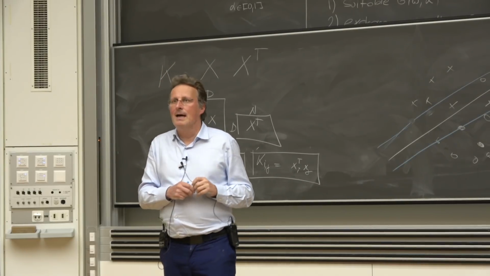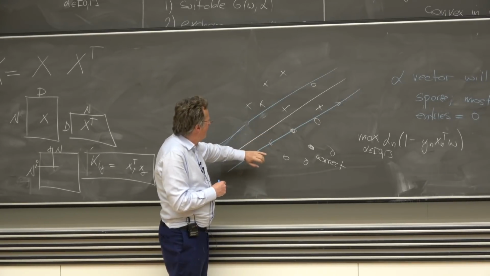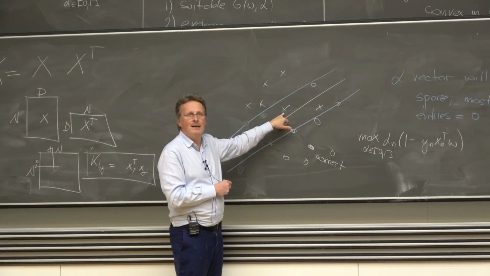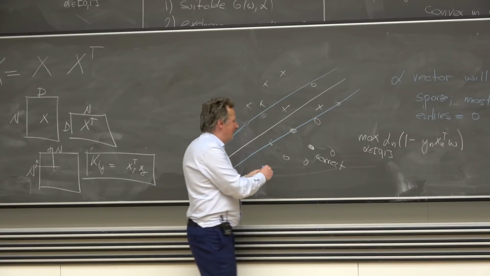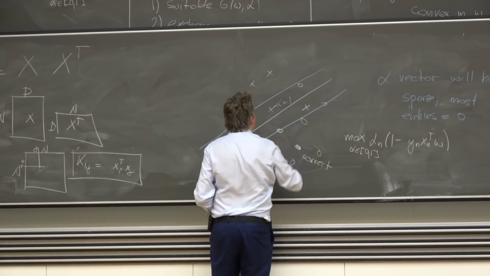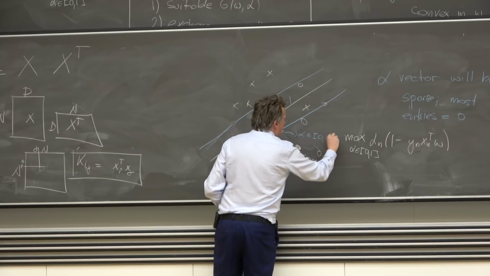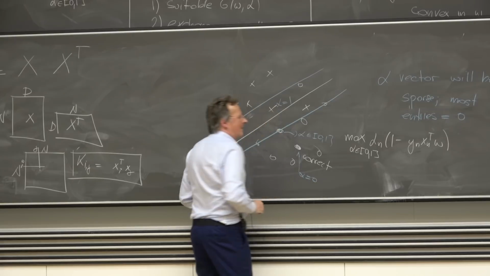And so for those points, like this one, which is on the right side but still has a positive argument, the alpha must be 1. So here the alpha can be anything between 0 and 1, and here the alpha is 0.